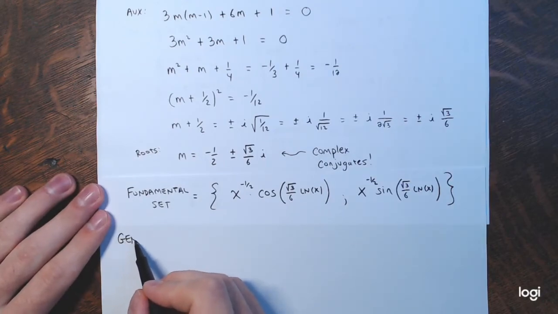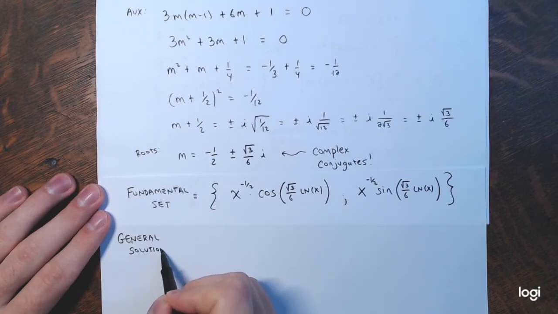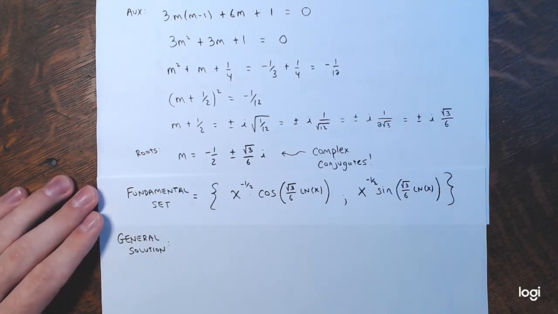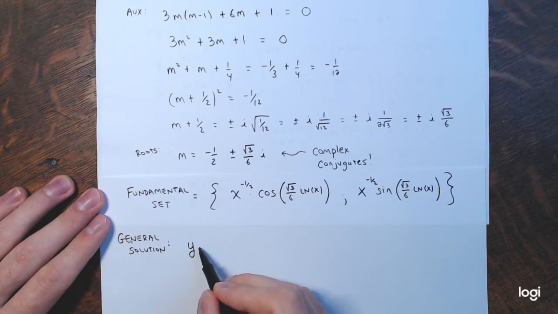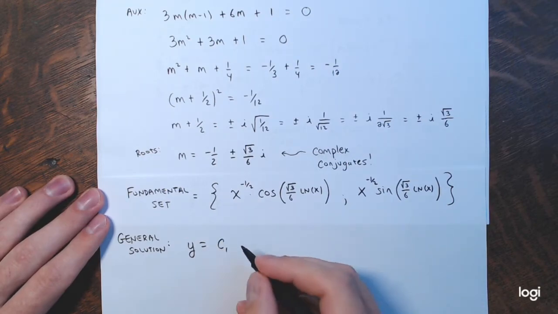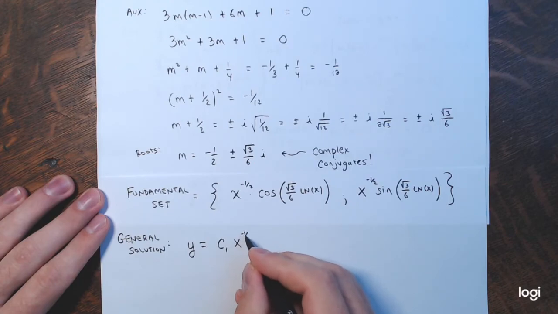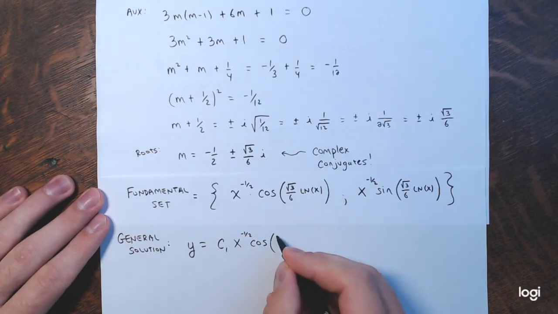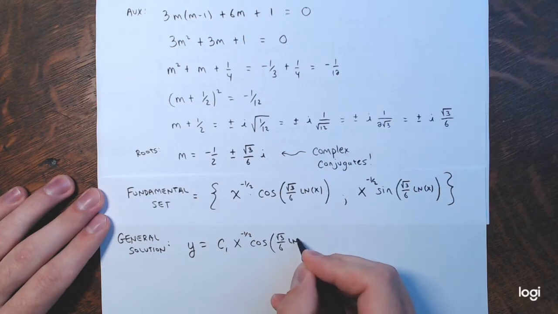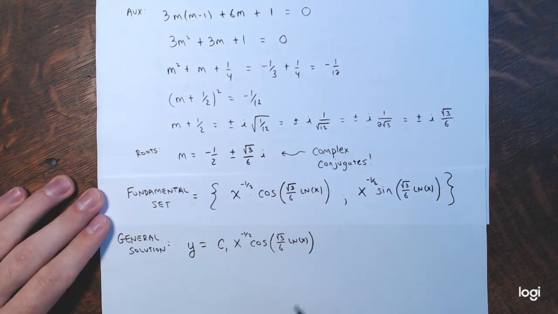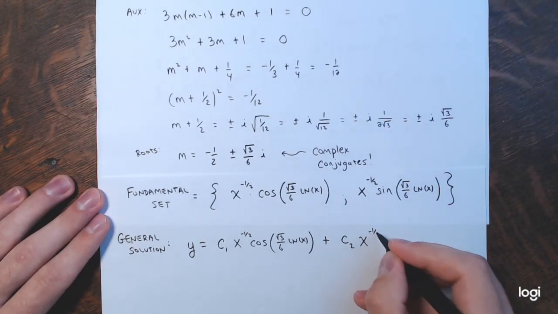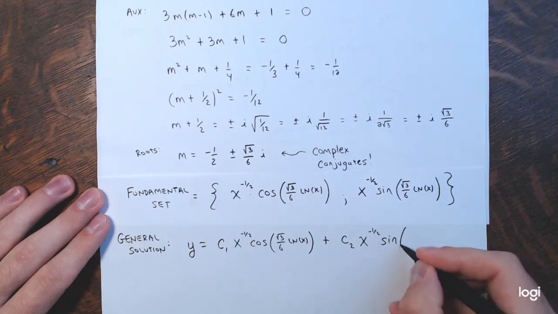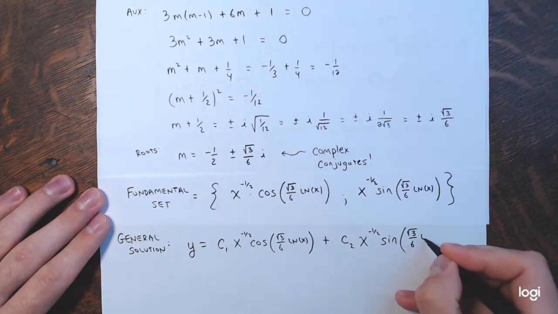So the general solution here is y equals some constant c1 times x to the negative half times the cosine of the square root of 3 over 6 times the natural log of x, plus some other constant c2 times x to the negative half times the sine of the square root of 3 over 6 times the natural log of x.